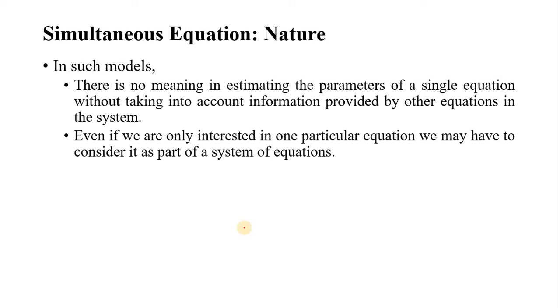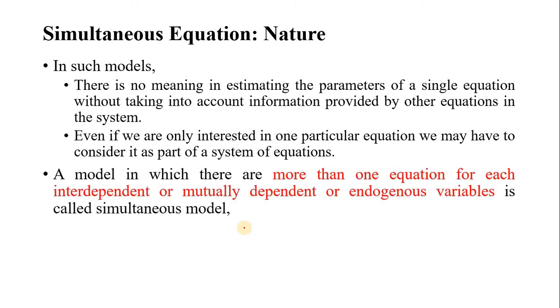If you want to estimate the first equation, you have to consider the second equation, and if you want to estimate the second equation, you have to consider the first. So you have to consider both equations as a system of equations or simultaneous equations. Even if we are interested in only one equation, we have to consider the other equations. Without considering one equation, we cannot estimate the other. That's the problem with the simultaneous equation model.